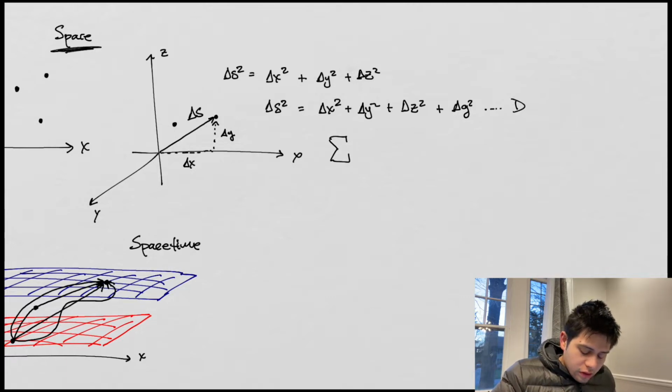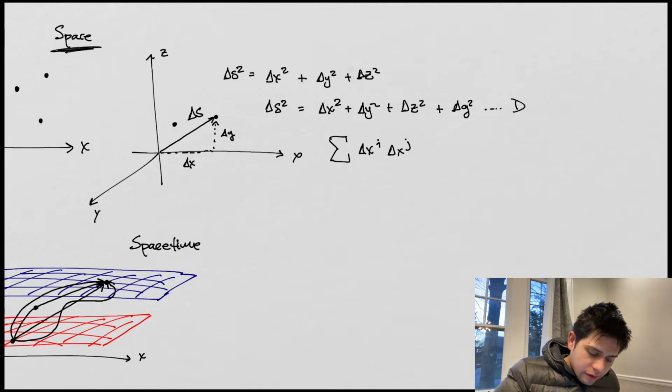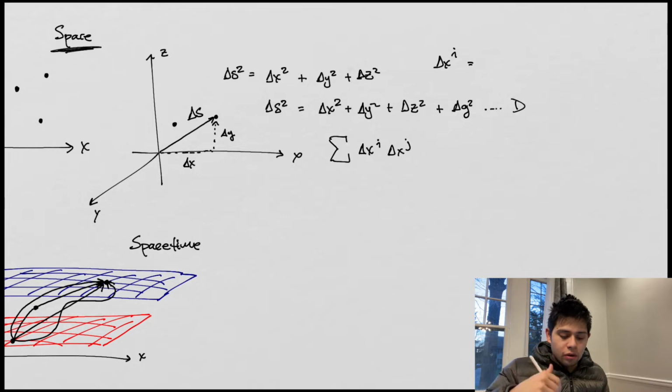A summation of, and this will be useful when we talk about general relativity, delta xi times delta xj, where delta xi can refer to the y component, the z component, depending on what number i is.